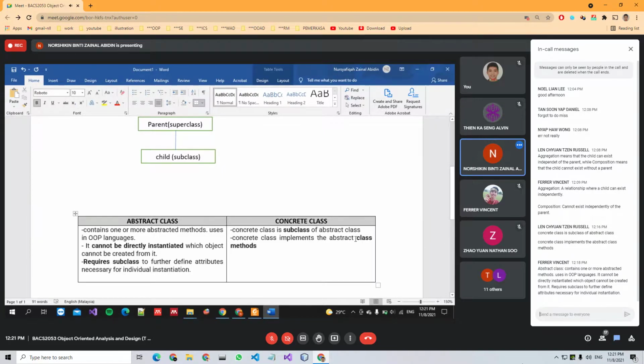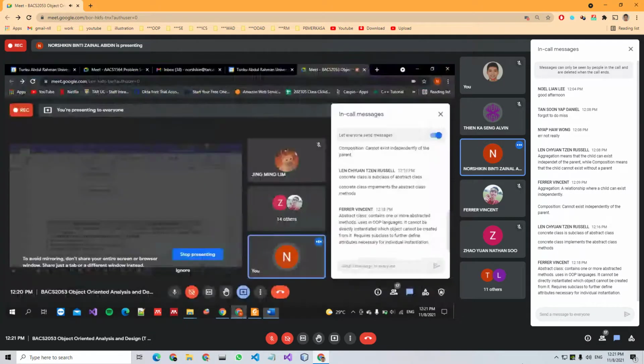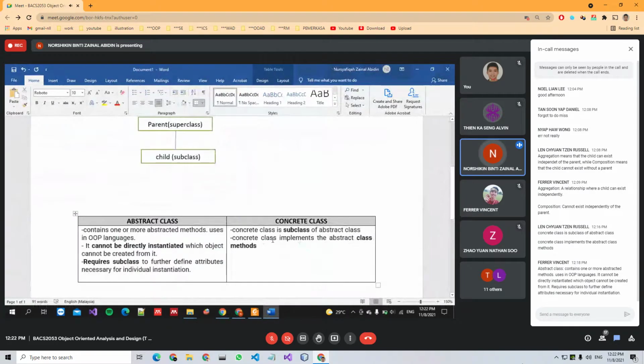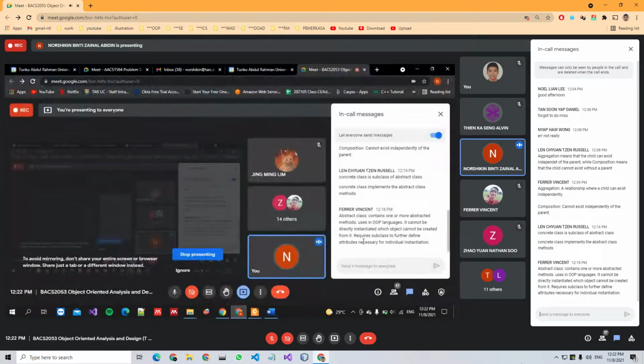So, guys, what is a class method? The point here is that a concrete class implements the class method. So what is a class method? What should the class method represent?